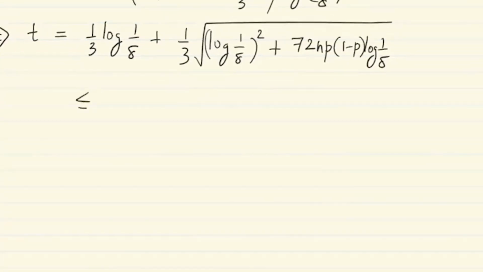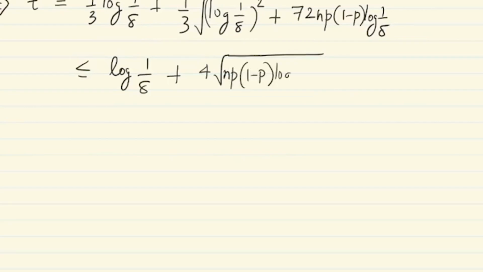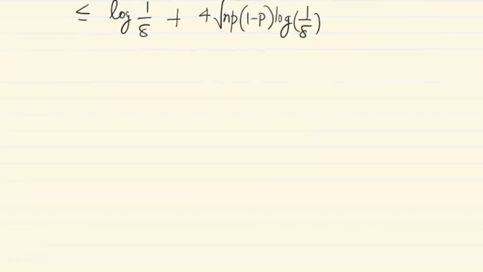And you can just upper bound this if you like by log 1 by delta plus 4 times square root of np(1 minus p) log 1 by delta, for delta upper bounded by some number delta naught, for instance.